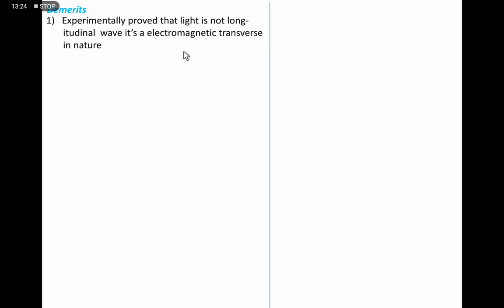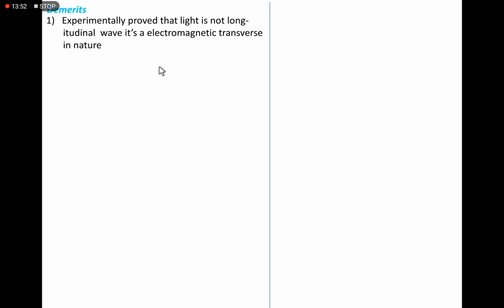Now the demerits or drawbacks of this theory. First, it was experimentally proved that light is not a longitudinal wave, it is an electromagnetic transverse wave, and the electric and magnetic vectors are perpendicular to each other, and they are also perpendicular to the direction of propagation of the wave.